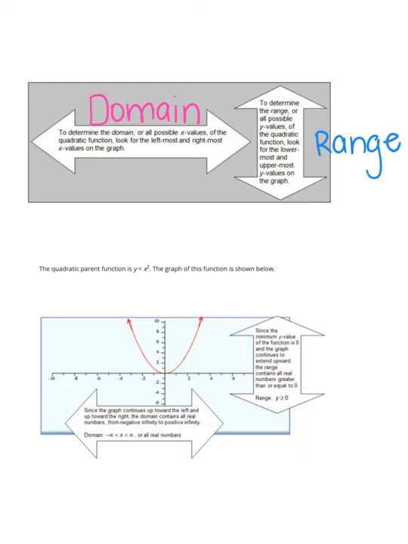So if I'm talking about from left to right, I know my x values are going to continue and go to negative infinity. Negative infinity means they're just going to keep going and going. So they're coming from negative infinity on the left side, and as I continue, I'm going to be going to positive infinity because they're not going to stop.